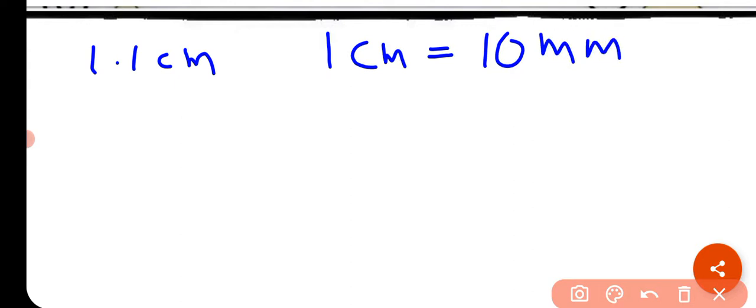Change each centimeter into millimeter. 1 centimeter is equal to 10 millimeter. So to change centimeter into millimeter, you should multiply by 10. So 1.1 into 10 is equal to, first ignore the decimal.